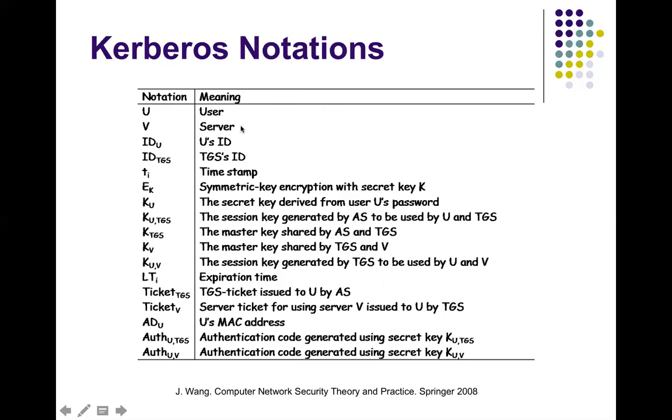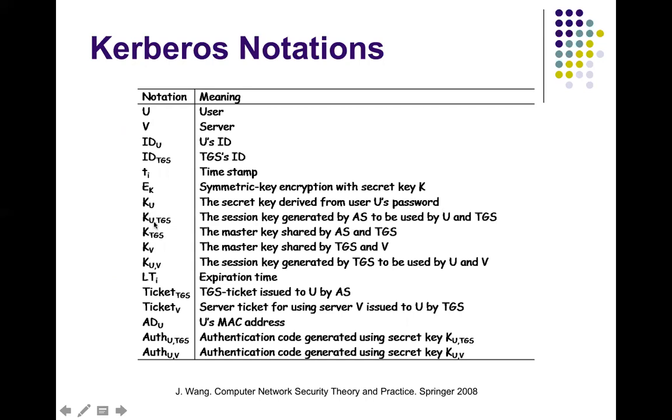and V indicates server. ID sub U is user ID. And ID sub TGS is the TGS server ID. T sub I is timestamp. E sub K is symmetric key encryption with a secret key K. K sub U is the secret key derived from the user's password.